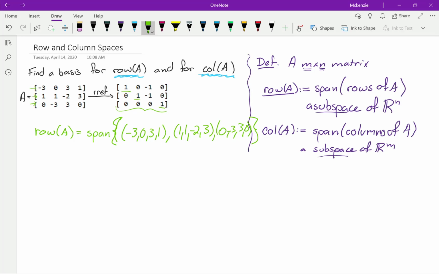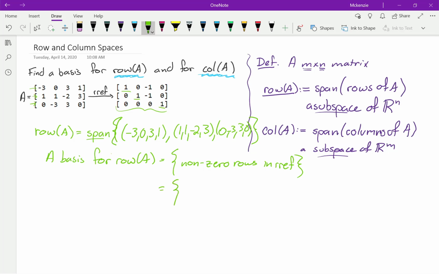So these three rows are independent. The way we got these is just by adding and scaling versions of our original rows, so we didn't change the span at all. So a basis for the row space is always going to be the collection of the non-zero rows in the reduced row echelon form of A.